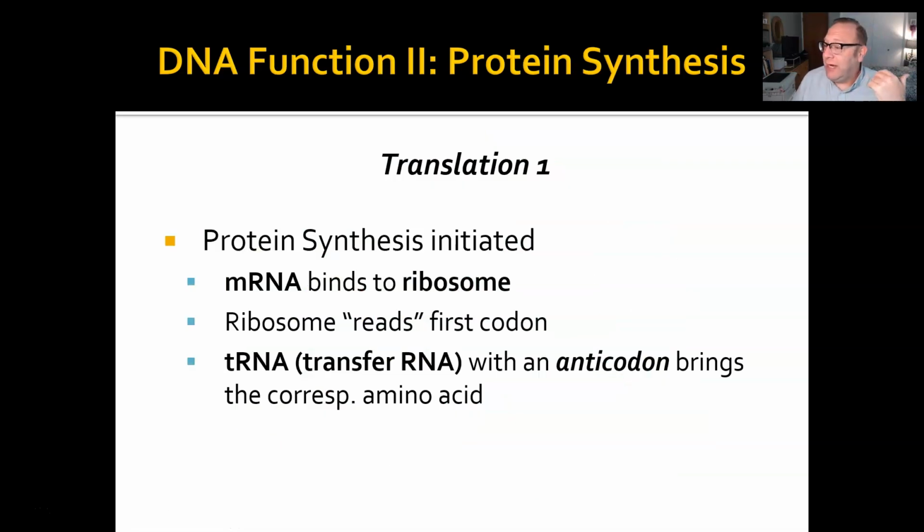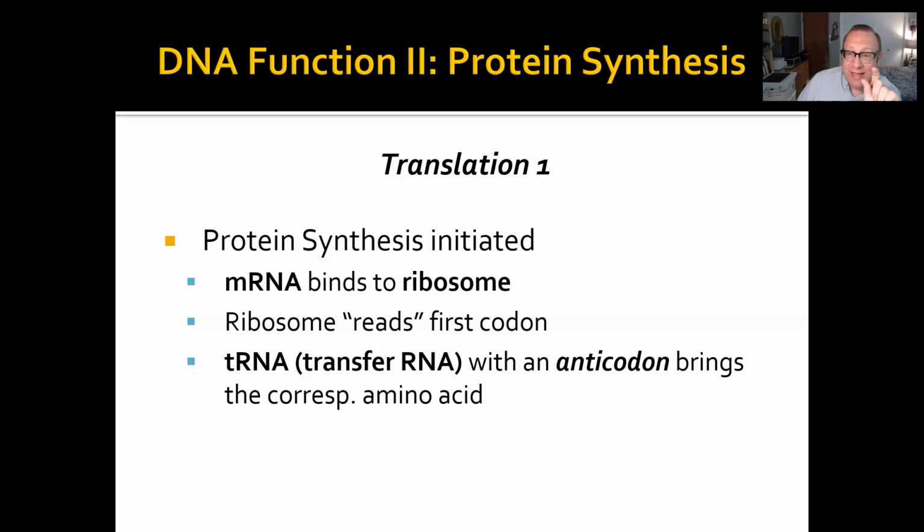So, translation has a couple of steps. First, the protein synthesis is initiated, okay? When the mRNA binds to the ribosome, it will read the first codon and will attract a tRNA, that is a transfer RNA, which is just a little tiny snippet of RNA that is attached to the corresponding amino acid.